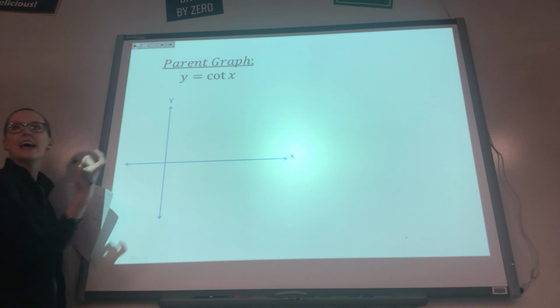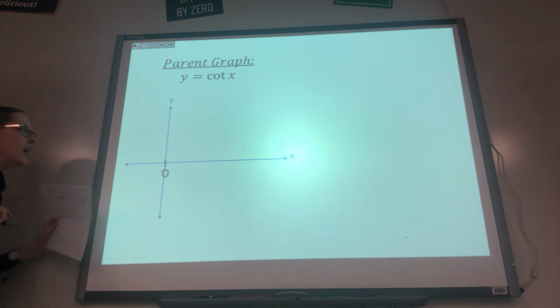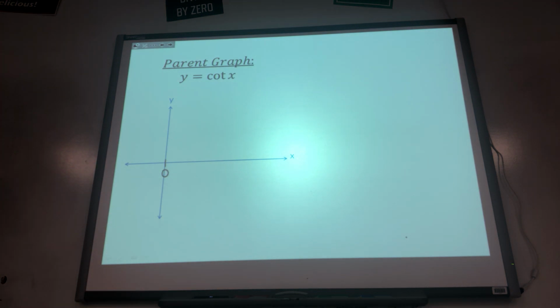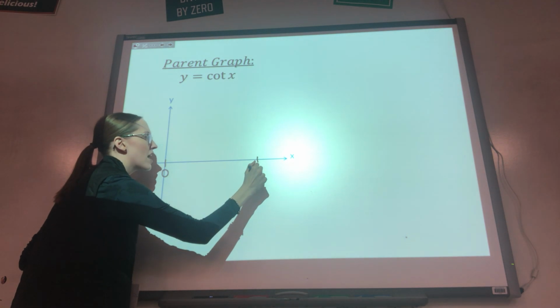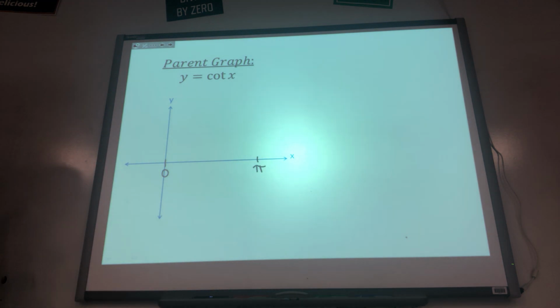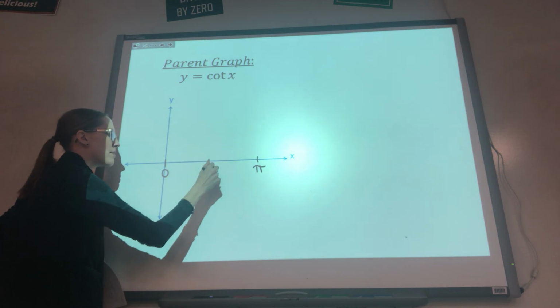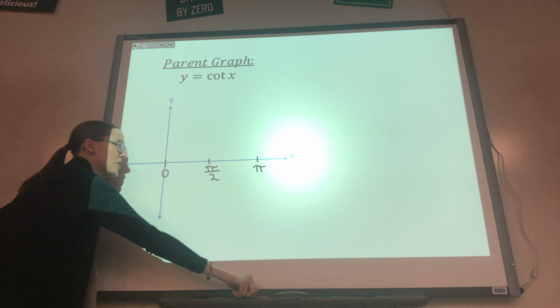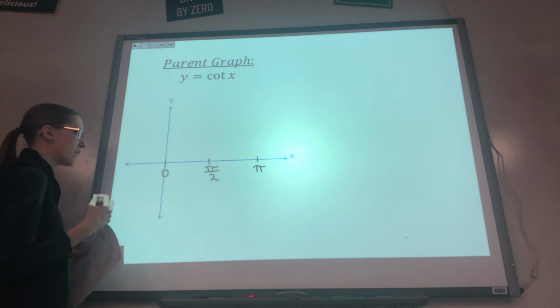All right, the first x value I'm going to label as 0. You don't necessarily have to label, but 0 is going to be important to us. All the way at the end here, I'm going to put pi. And then halfway between, I'm going to label that pi over 2. So here's what happens on a cotangent graph.